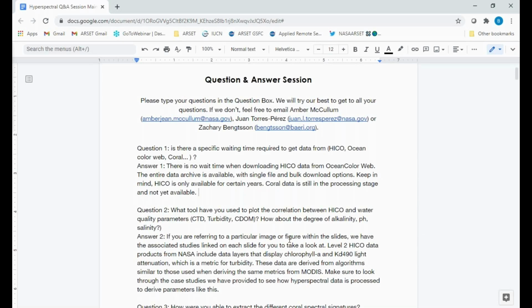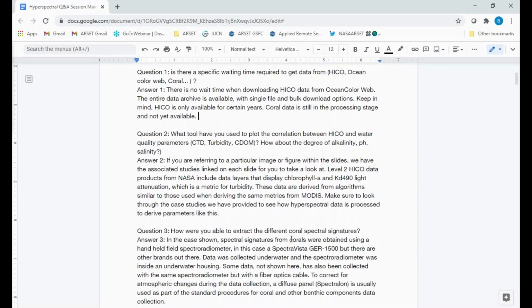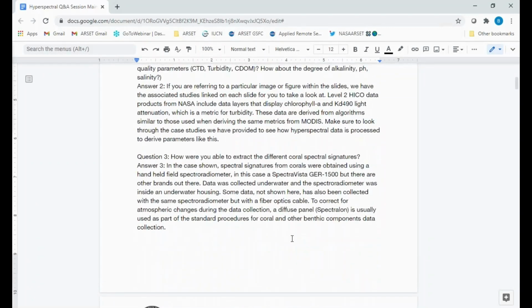I'm not going to go into alkalinity or pH or salinity because, quite honestly, there's very few, particularly satellite data, that covers those different features, and even less hyperspectral data, if there's any. But if you're referring to a particular figure or image on the slides, there are associated studies links to each slide for you to take a look at.